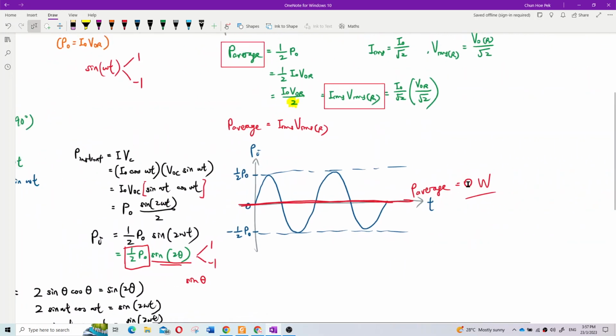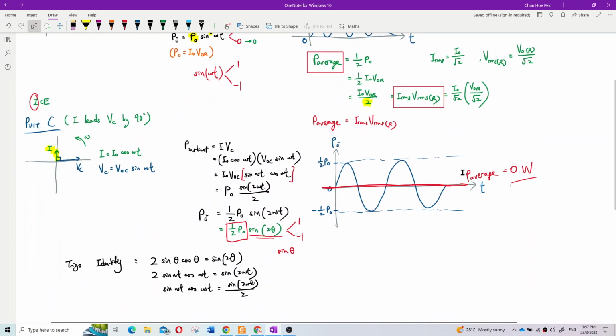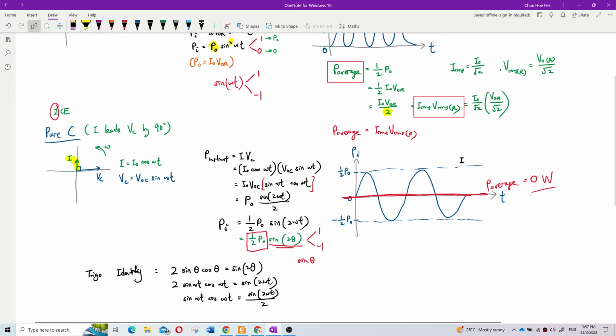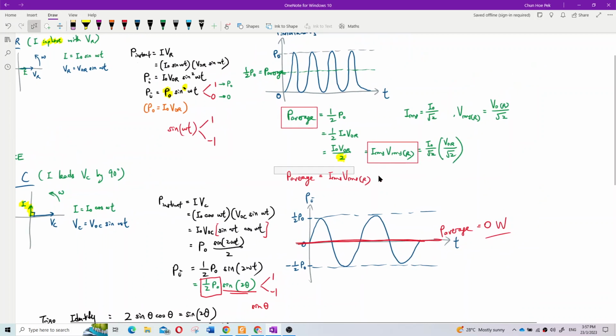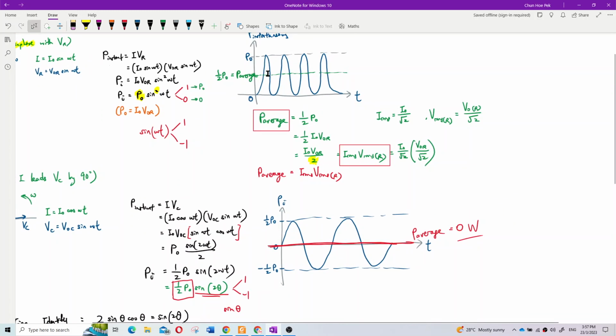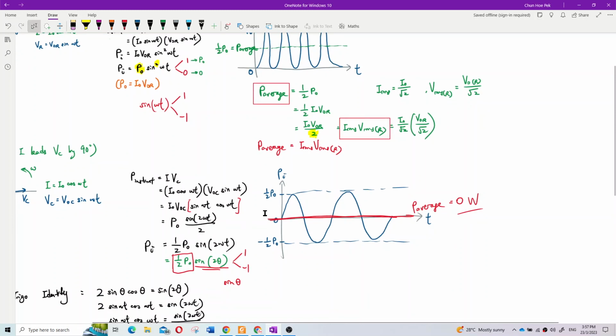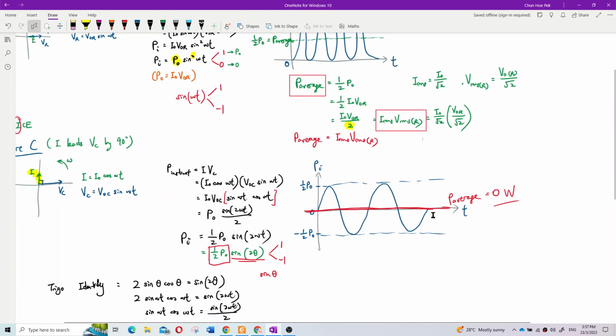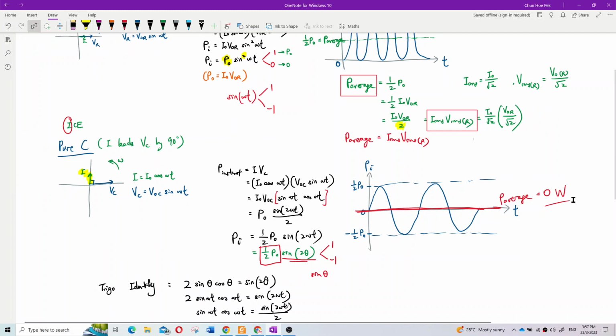For the capacitor, the average power is 0. What does it mean? Just now for the resistor, the average power was at a certain value. But the average power for capacitor is 0.